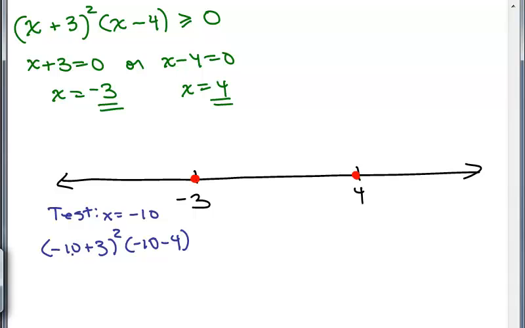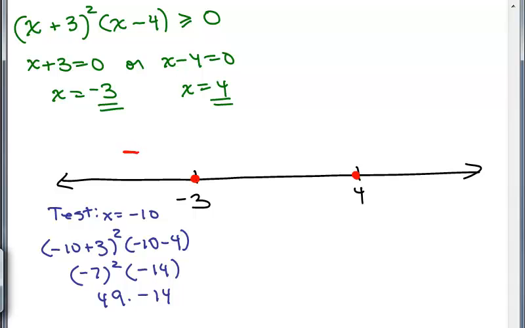So this is obviously a negative sign, right? -10 plus 3. But you know what? If you square it, this is a -7 squared, this is a -14. But if you square -7, it's actually a positive number, right? It's 49 times -14. So if you were actually going to plug in the numbers, you can tell this is going to be a negative number.